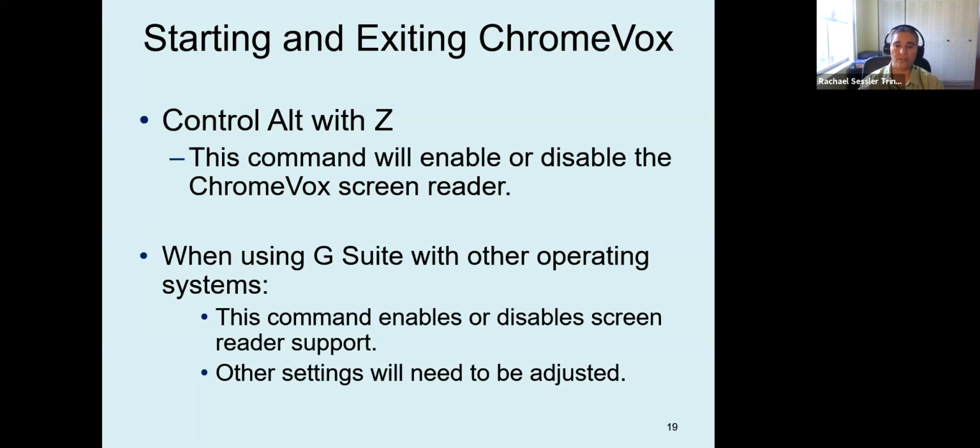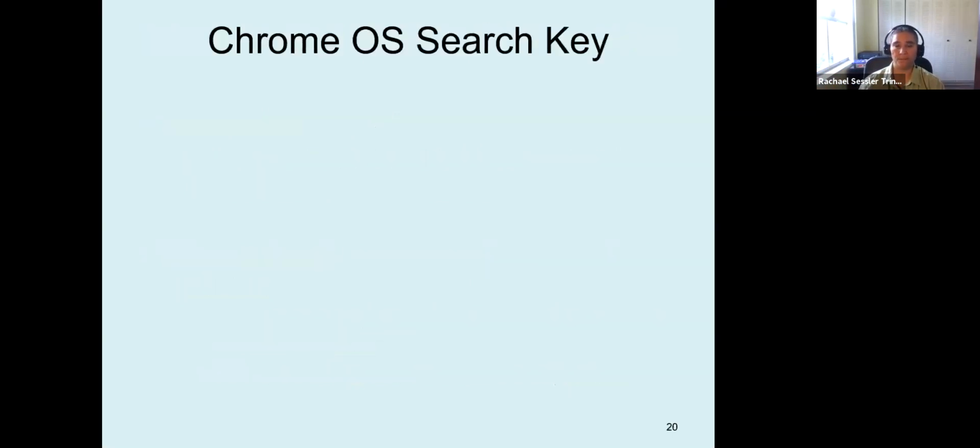So if you're using JAWS or NVDA on a Windows computer and you are focused in Docs or any of their G Suite applications, not Gmail or Calendar, but one of the productivity applications, it will enable that accessibility menu, and it will also make it where you could do quick letters just to jump around. That's a whole several sessions in and of itself, but it works great as long as the settings are adjusted properly for the screen reader as well.